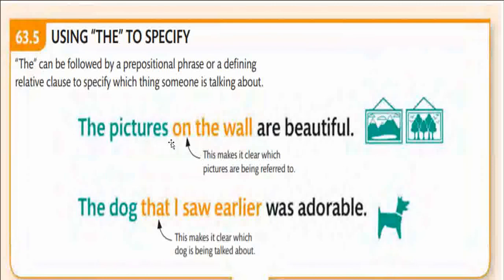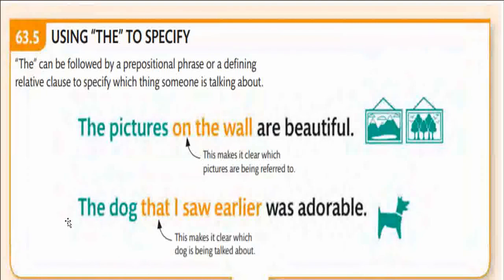On the wall is a prepositional phrase. The pictures on the wall are beautiful. This makes it clear which pictures are being referred to.